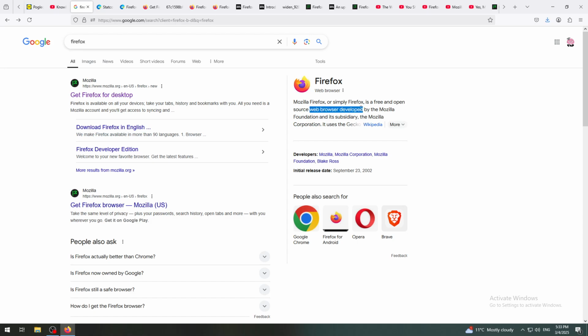A web browser is a program, an application, which is used to show the internet to you, to show internet pages, web pages, websites, and so on.